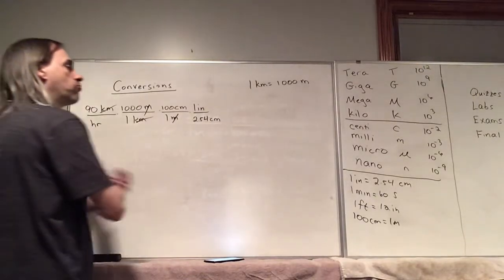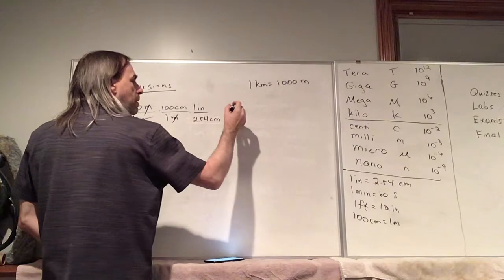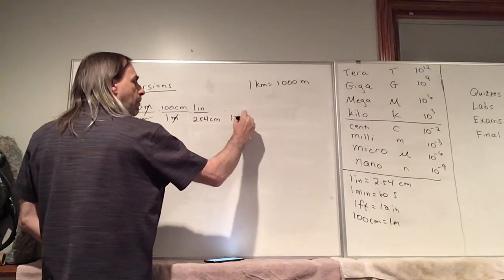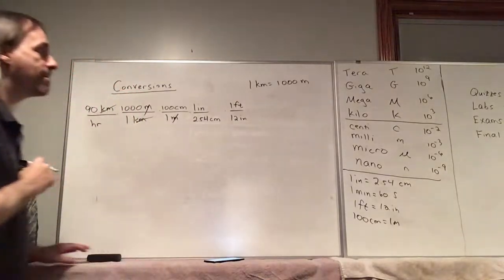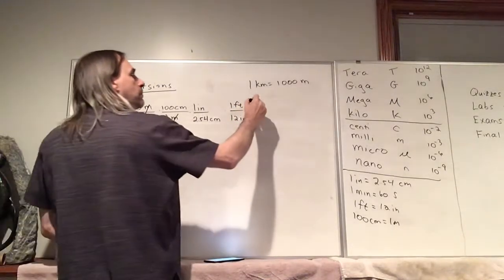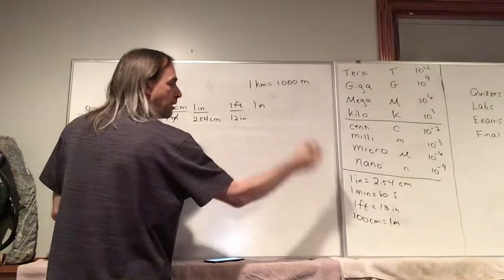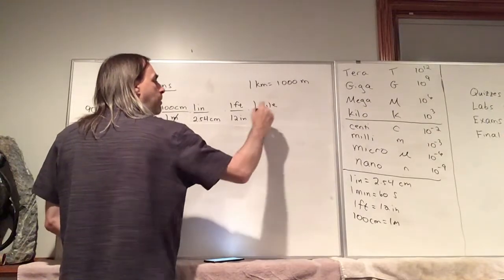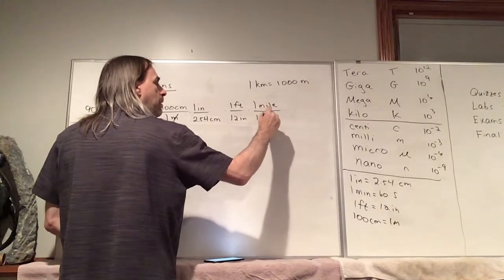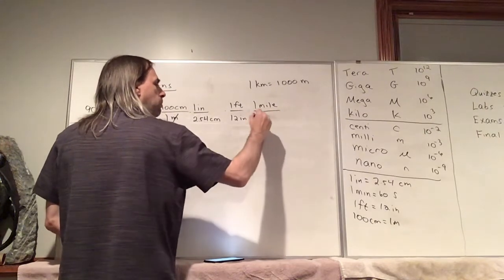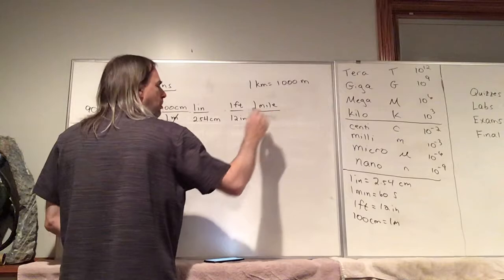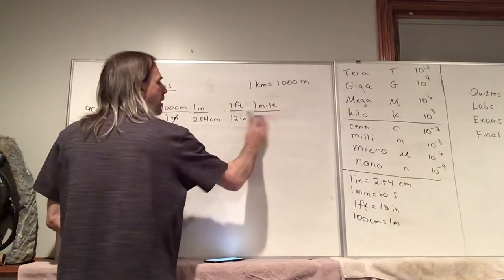And there are 12 inches and 1 foot. And 1 mile. I didn't write this one down here, probably should have. But 1 mile is 1,000 200. Oh, sorry.